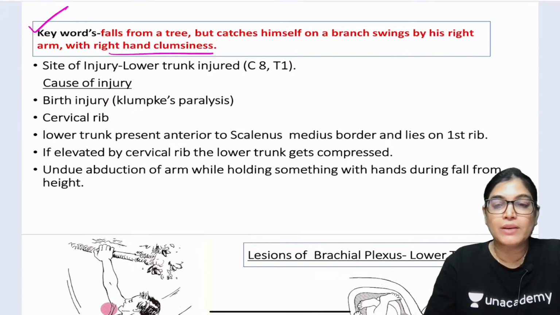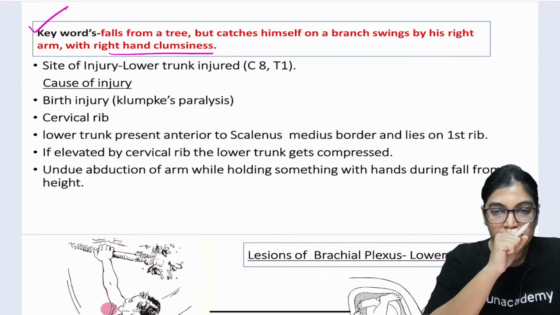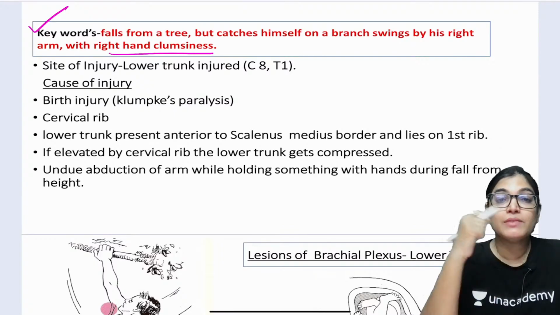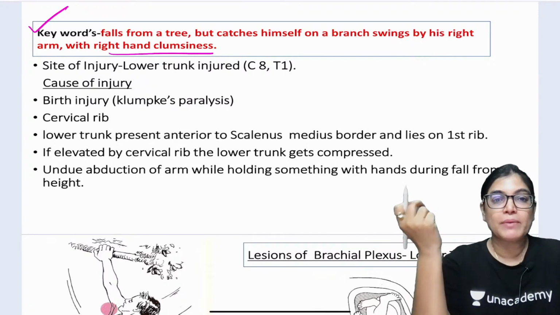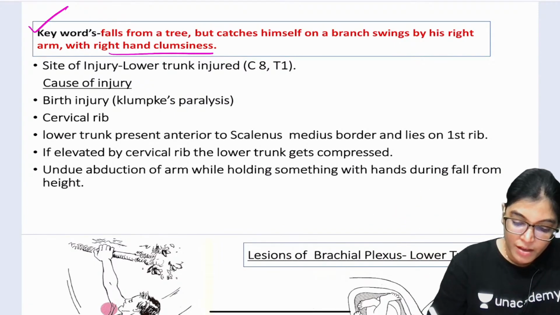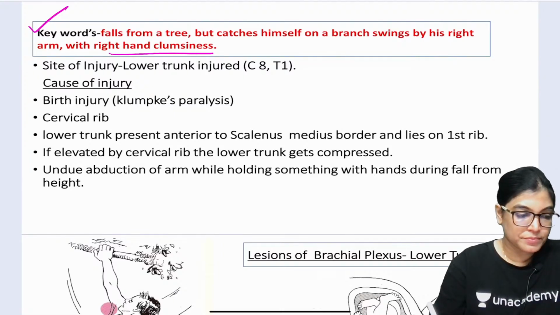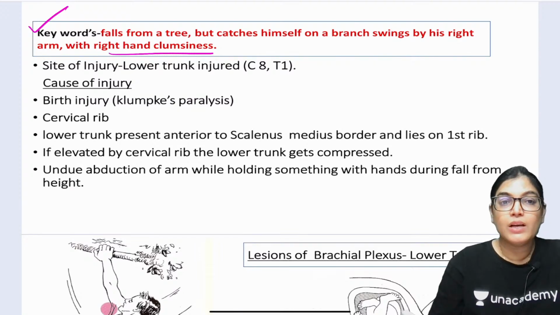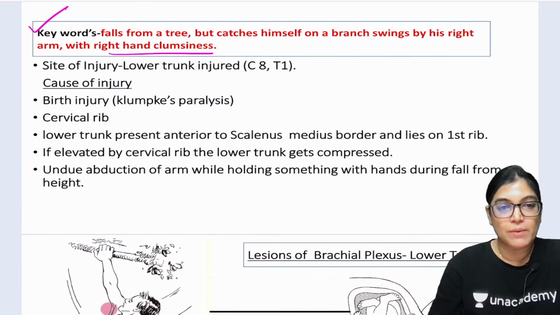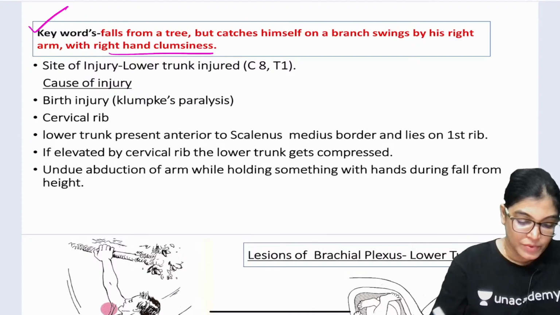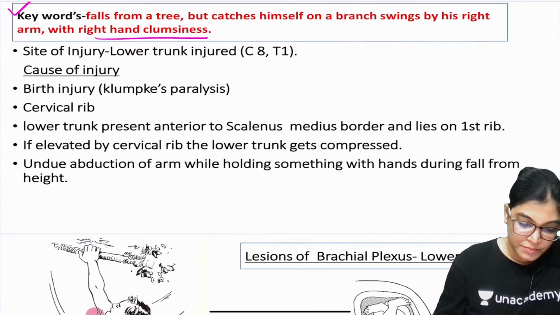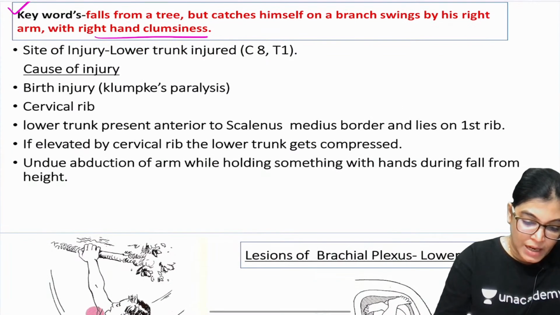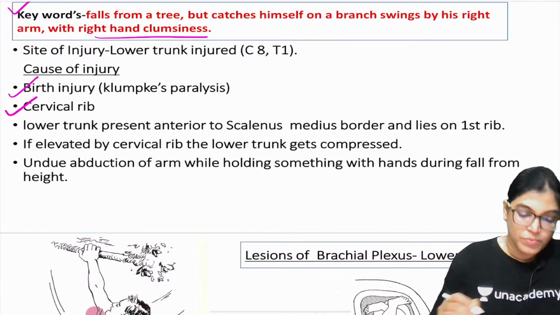Now generally when we are talking about lower trunk palsy, which is also called Klumpke's paralysis, the other reason will be cervical rib, birth injury.